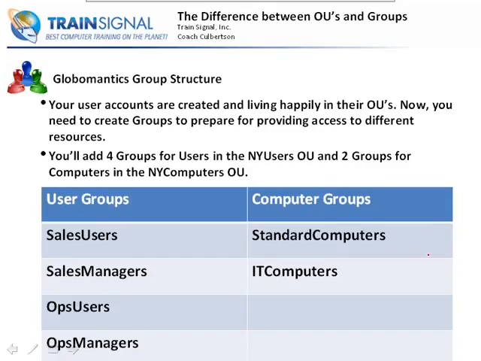What we're doing is we're creating the ability for us to start having a lot of control and management power over our network and our machines. So we're going to be creating these groups. We're going to be creating sales users, sales managers, ops users, and ops managers. And then we're going to be creating standard computers and IT computers. Now, standard computers are going to be what everybody pretty much in the company uses.